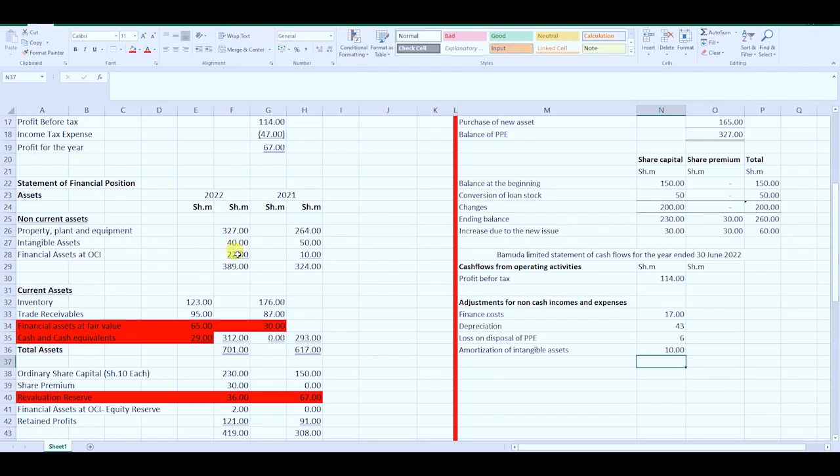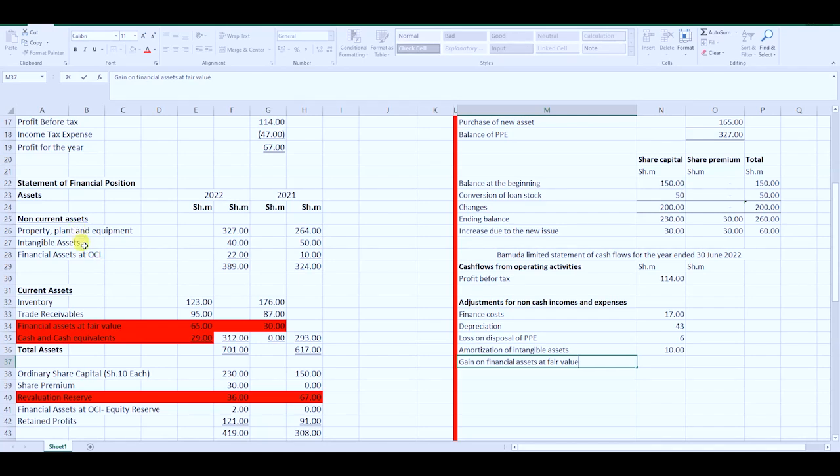Once we have that, we can now include gain on financial assets at fair value. So we need to identify that.